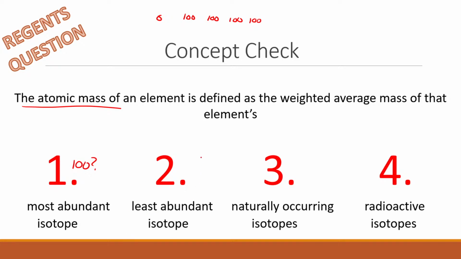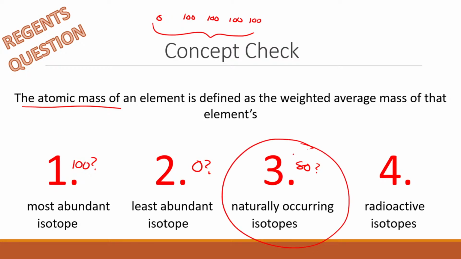Your least abundant grade, so your average is a 0? Or is your average the weighted average of all of your grades? So an 80. And in this case, all grades make their way into the average. You don't just take the highest one and say that's your average. You don't just take the lowest one and say that's your average. You take all of the naturally occurring isotopes to make your average.